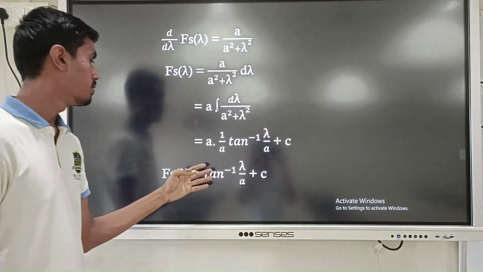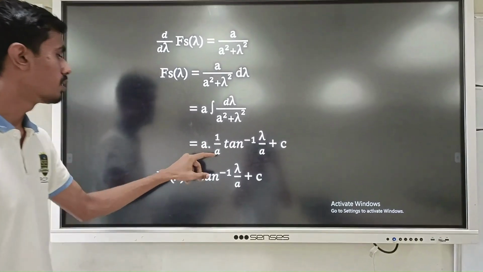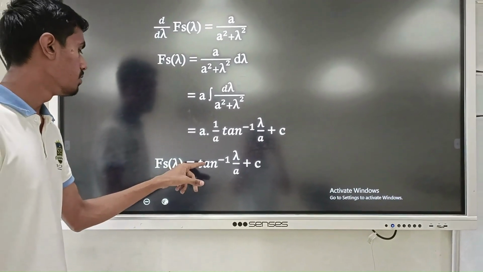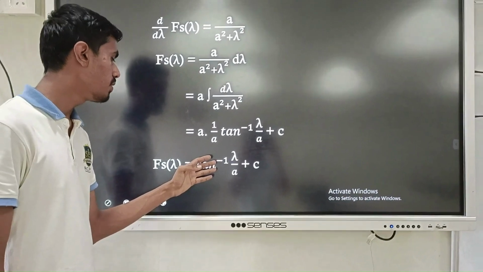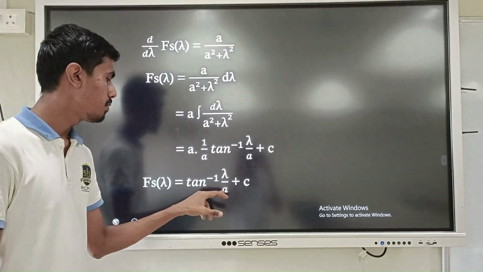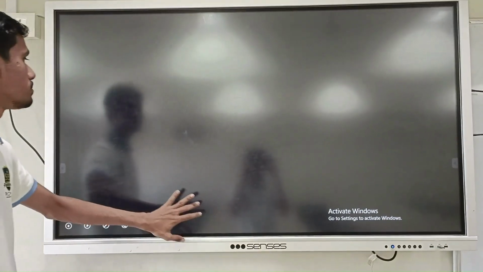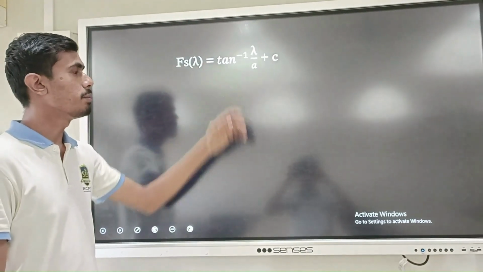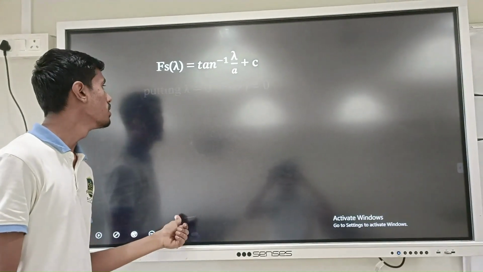After that, we cancel both the terms a, and we get the final answer: F s of lambda is equal to tan inverse of lambda upon a plus c.